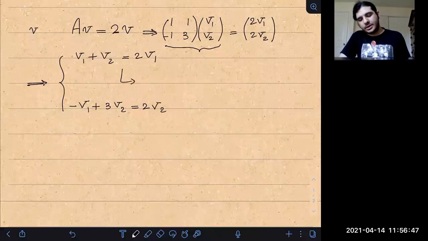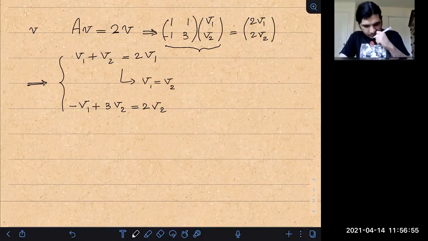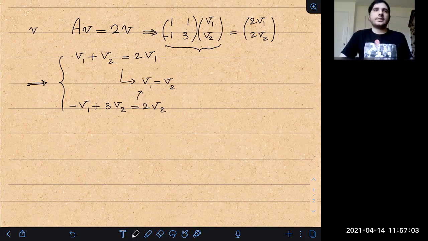The first equation, if I take V2 to the other side, tells me V1 is equal to V2. The second equation, if I take V1 to the other side and V2 to the left side, gives me the same thing. So the only thing I know about this vector, which is enough because we want the direction of the eigenvector, is that the x coordinate and y coordinate are equal.